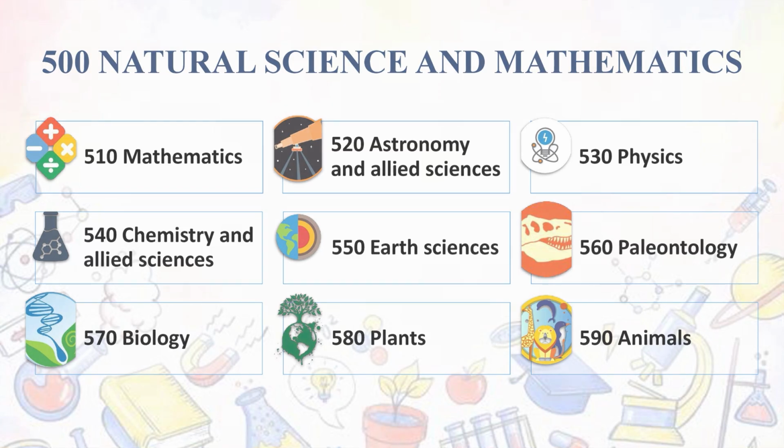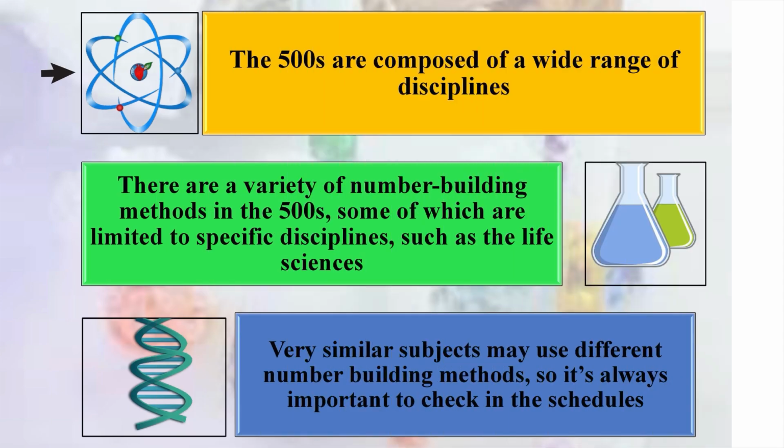So, as we have mentioned, 500 is composed of a wide range of disciplines that you have already seen or know. And there is a variety of number building methods in 500, among which some are limited to a specific discipline, otherwise are different from other classes.